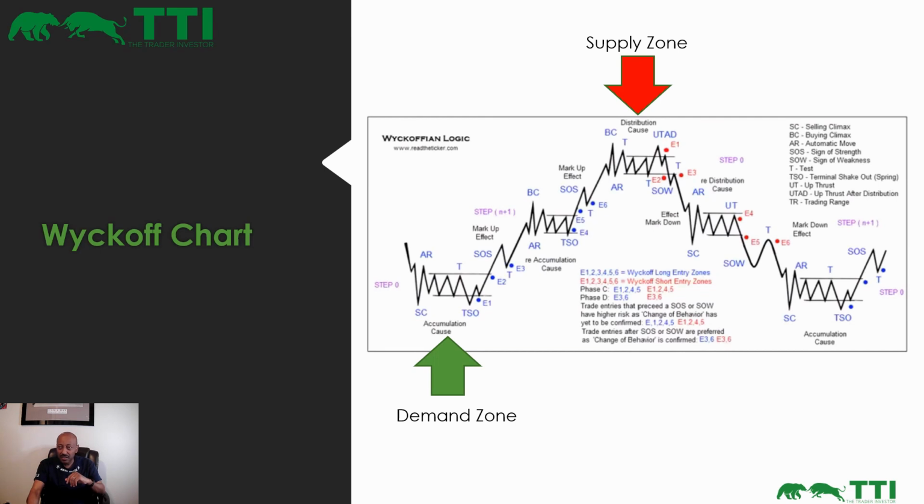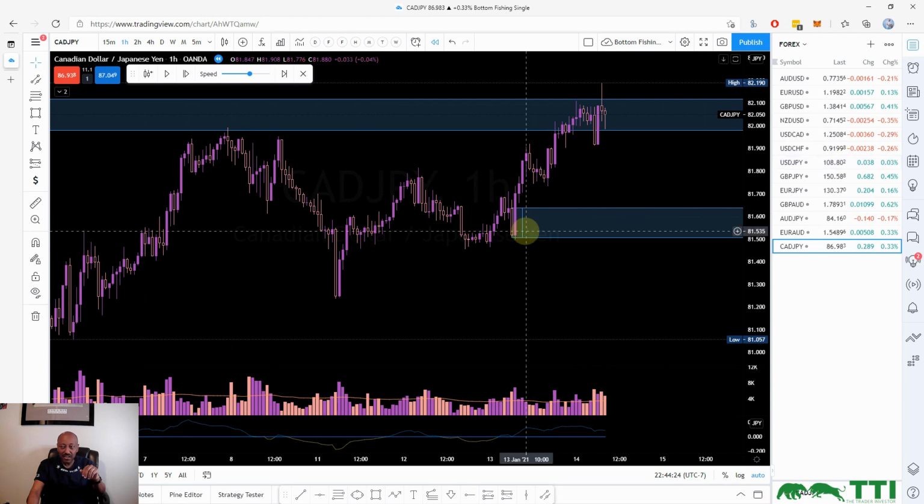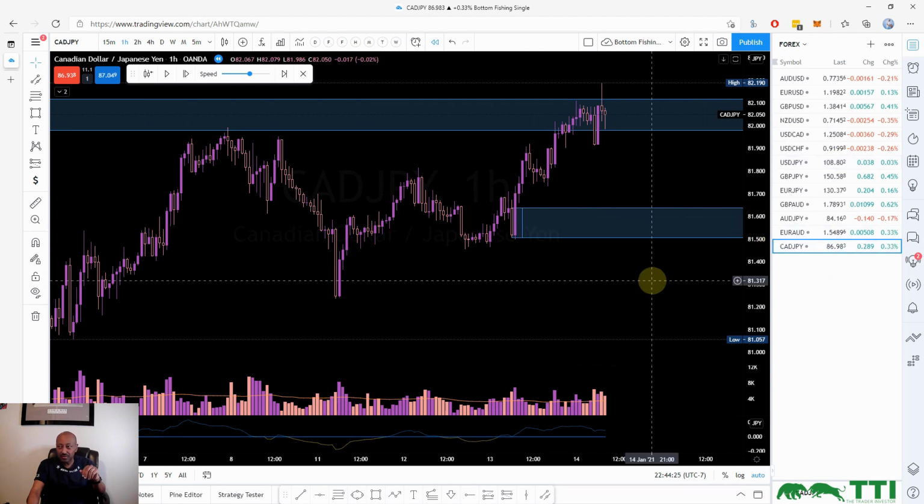So that's our starting point: understanding all of this structure and how things are moving is the biggest part of our analysis. Let's start with some examples and see how it plays out.